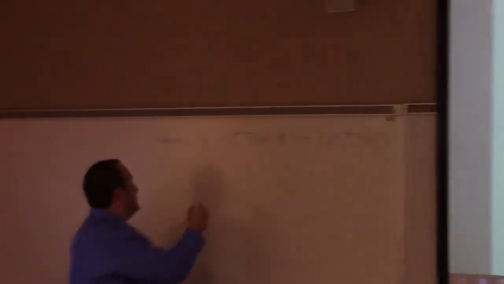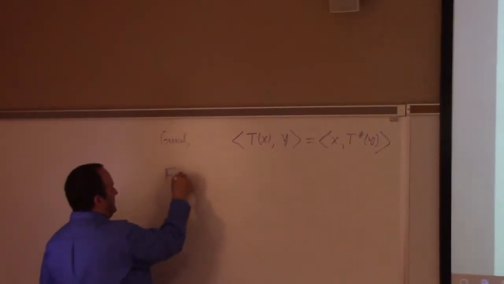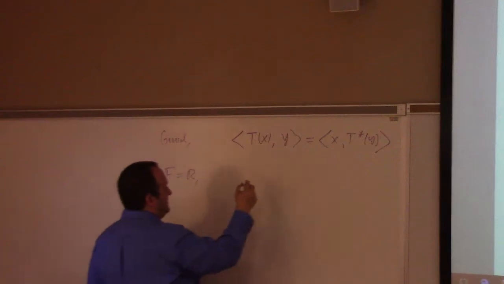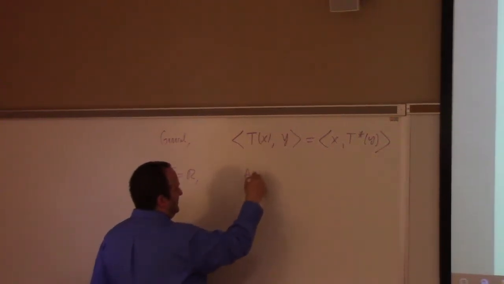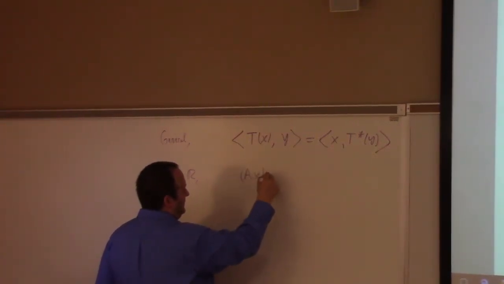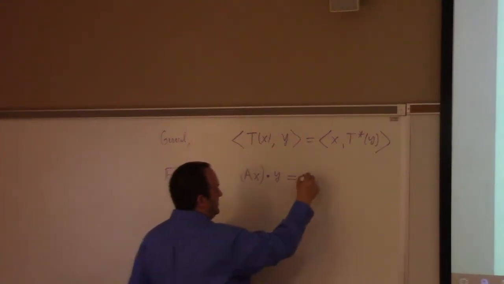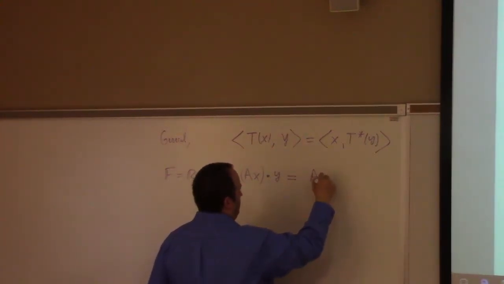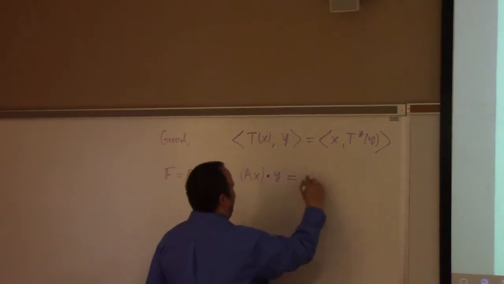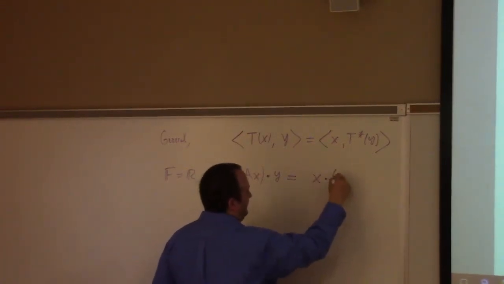In the case of F equals R and the dot product, if you have Ax dotted with y, it's pretty easy to prove that that's x dotted with A transpose y.